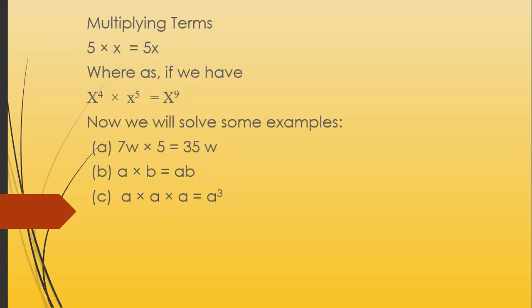Now d is 5a into 4x. Here we multiply 5 by 4, it results 20, and ax will be written with 20. Now, e is 5 into 2c.